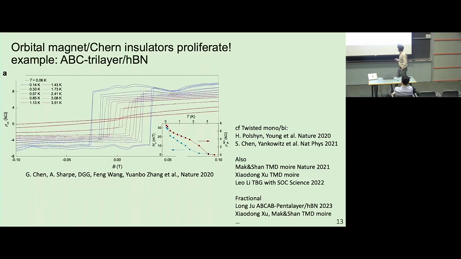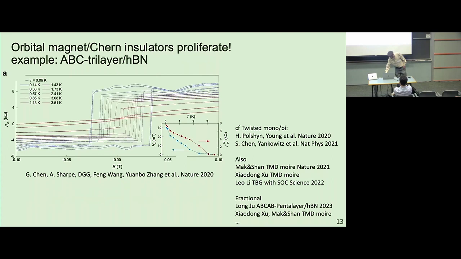But there's a proliferating list of these, including most recently work by both Longzhu's group and Xiaodong Shu's group, and the Cornell group of Jia and Fai on different versions of fractional Chern insulators in Moiré systems. So this has been a proliferating area, very exciting.